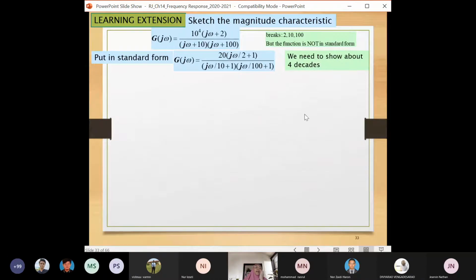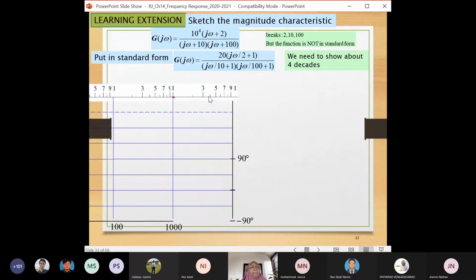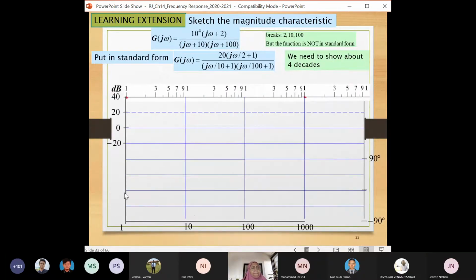Okay. Here you see the lowest value is 0.1 and the highest is 1000: 0.1, 1, 10, 100, 1000. At least 4 decades. You can plot 1 as the lowest range: 1, 10, 100, 1000.